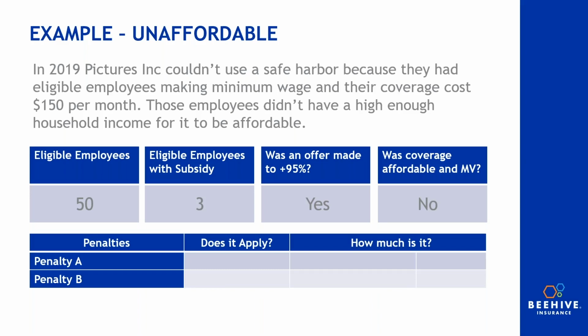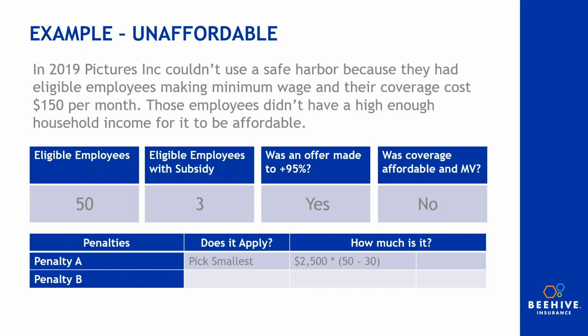First, let's look at penalty A. Does it apply? Maybe. We're going to pick the lesser of the two penalties because, again, penalty B, if you offer coverage, you will never pay more than somebody who didn't offer coverage. So let's calculate out penalty A and see if it ends up being smaller than penalty B. So penalty A, again, we're going to do our $2,500.